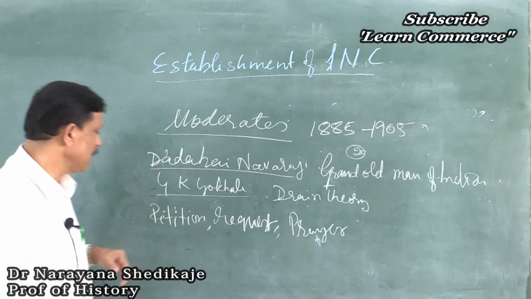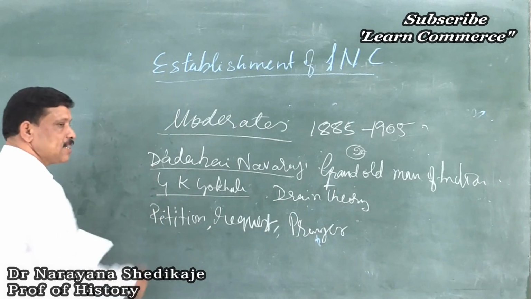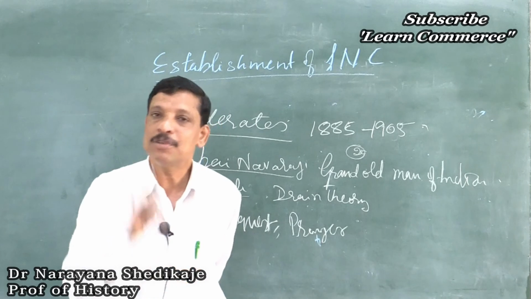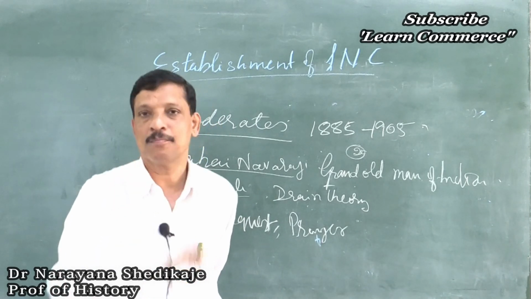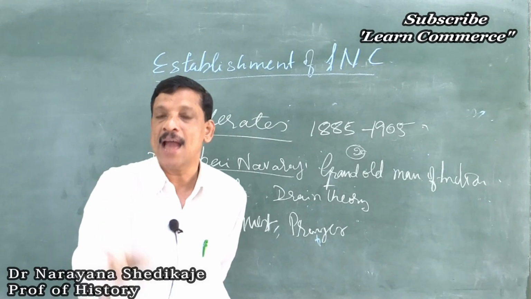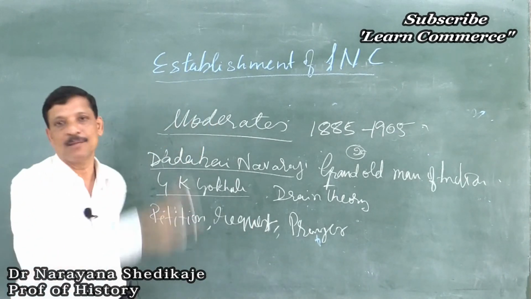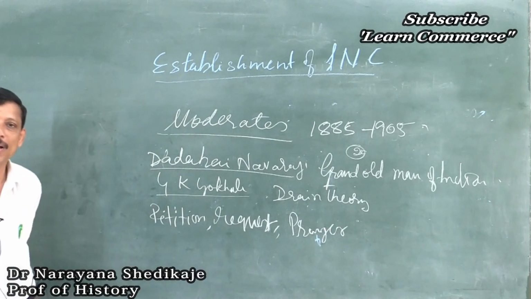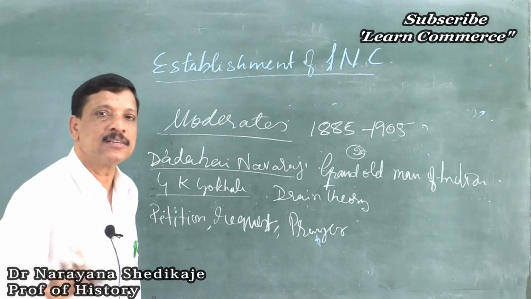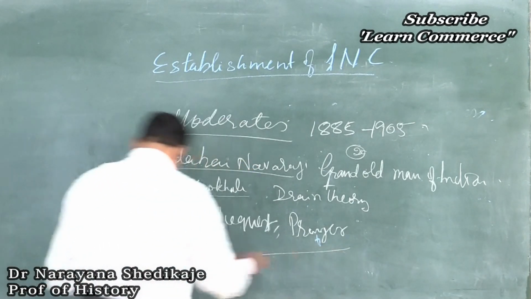So that is why this attempt made by the moderates never yielded much result. But we should keep in mind that they created an awareness among the Indians regarding the national movement, or they founded a base for a systematic national movement. However, they could not get much result.